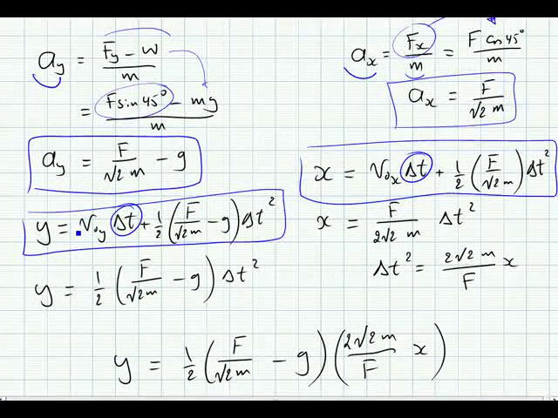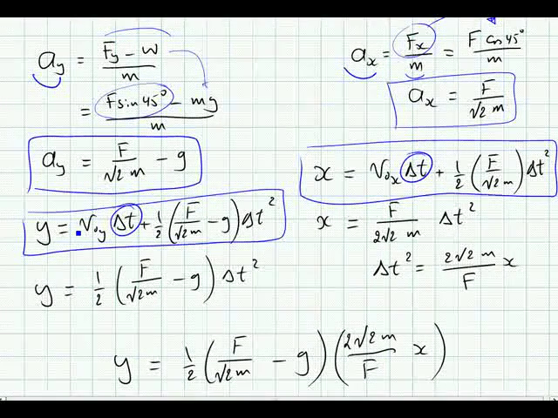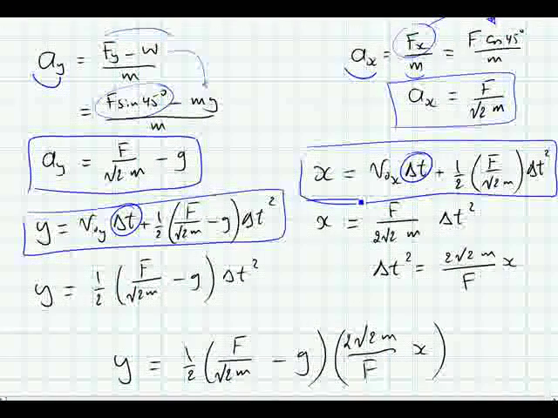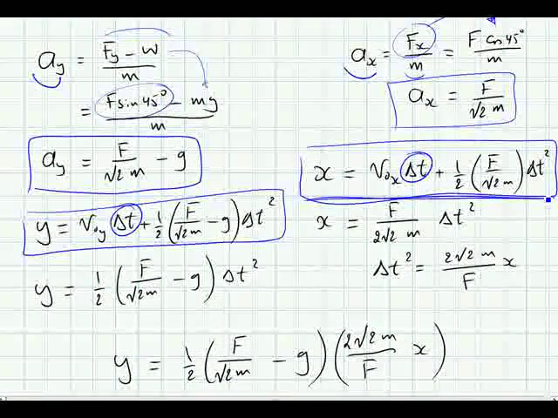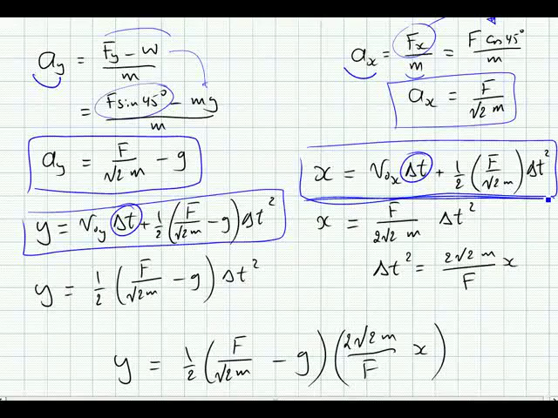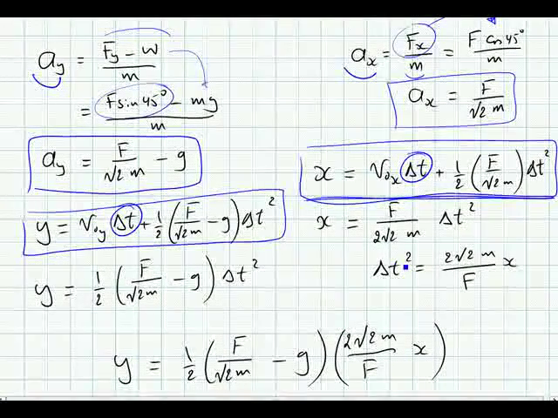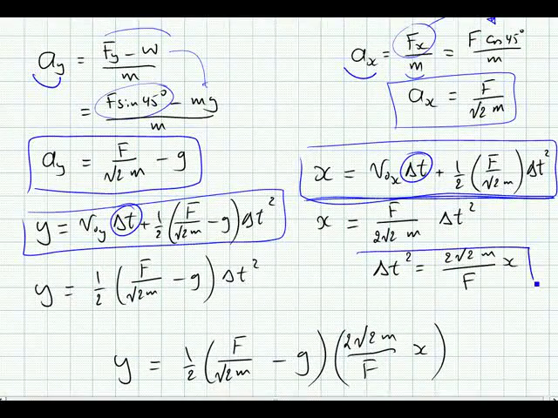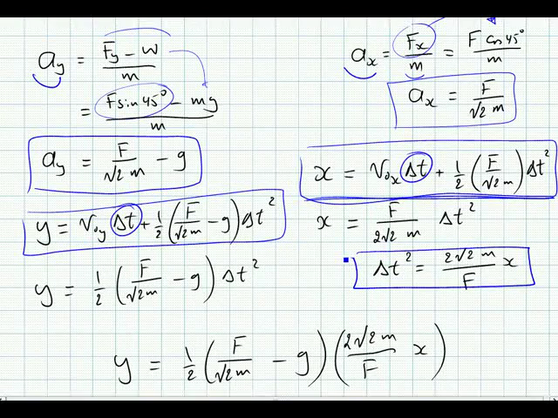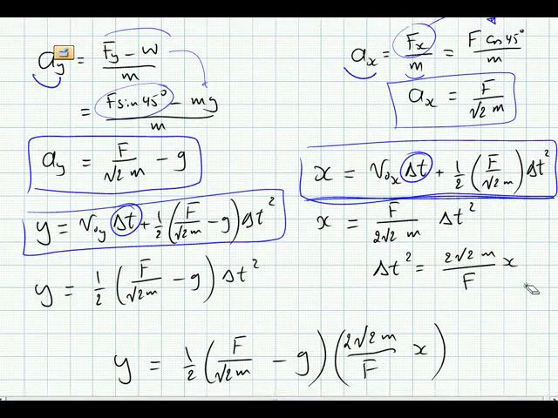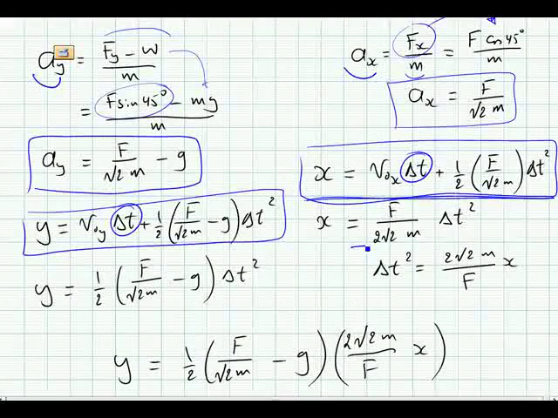Now, by looking at the expression for displacement or position along the x-axis, we can come up with an expression for delta t in terms of x. Let me clear that and redraw it.